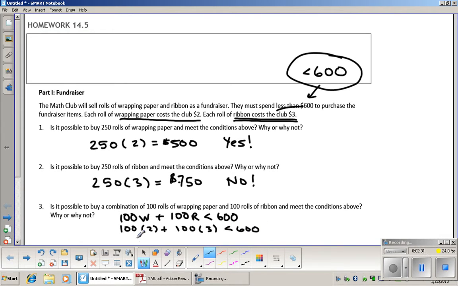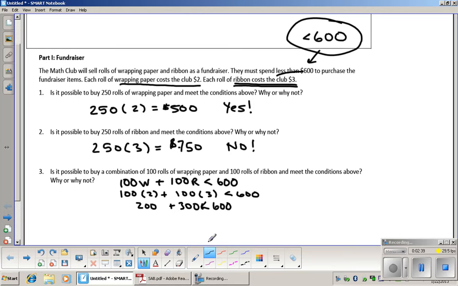This piece alone is 200, and that's going to be 300. So the question is, is 200 plus 300 less than 600? Well, of course it is. 500 is less than 600, so the answer ultimately is yes.